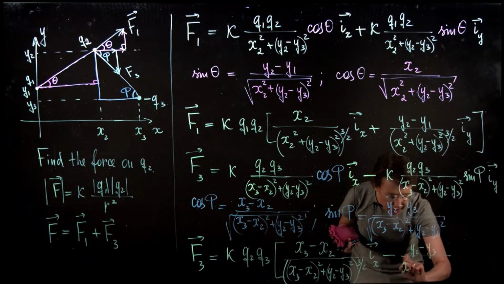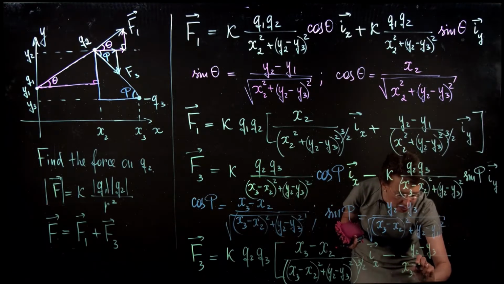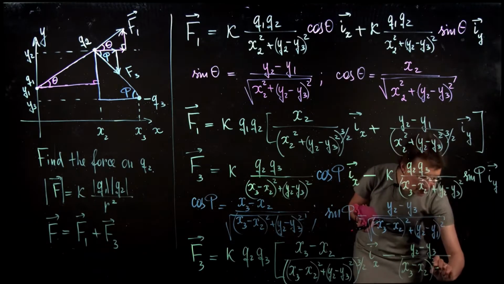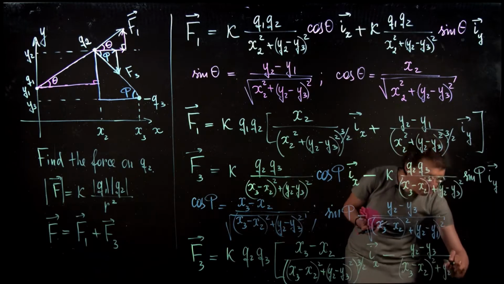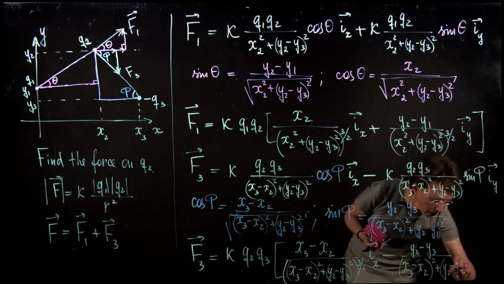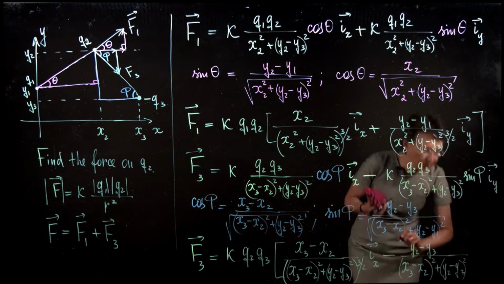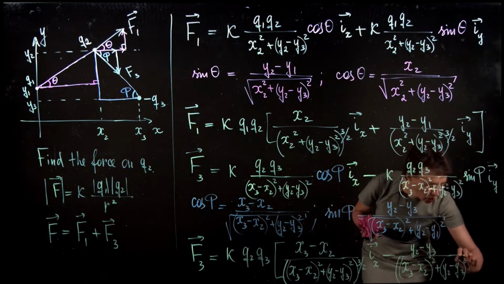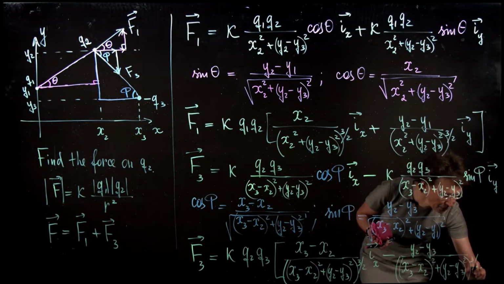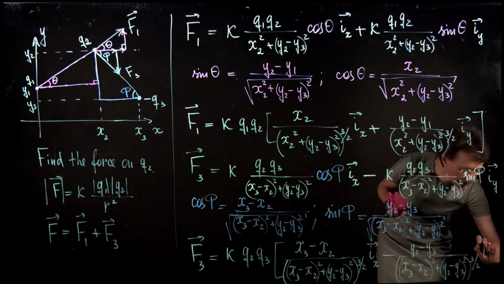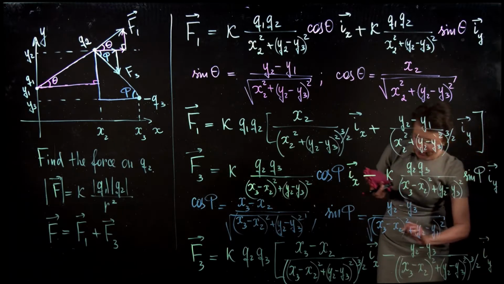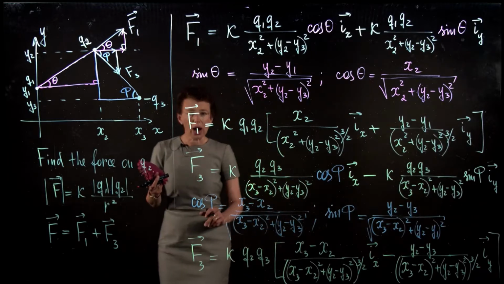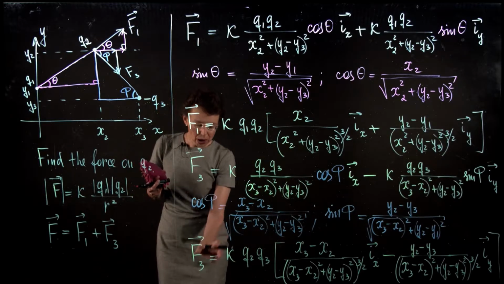So I have x3 minus x2 squared plus y2 minus y3 squared, and this to the power 3/2, iy. And I close brackets. So we found F1 and we found F3.